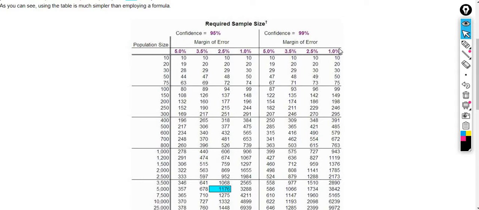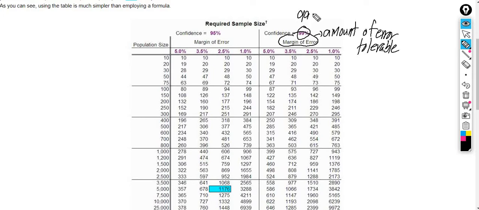Here below would be our margin of error. Now, what is margin of error? When we talk about the margin of error, this is actually the amount of error that we can tolerate, or the amount of error tolerable. Meaning, if we are 99% confident that our survey would always turn out the same result every time we give it, this is now the amount of error that we allow ourselves to commit in our survey results.